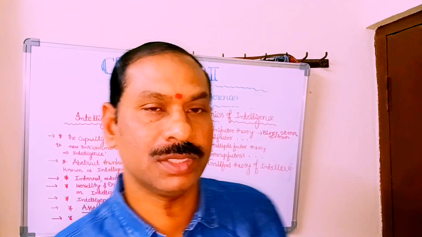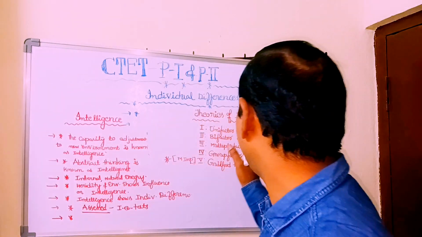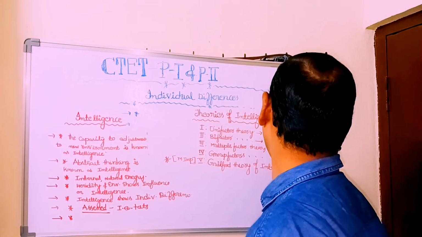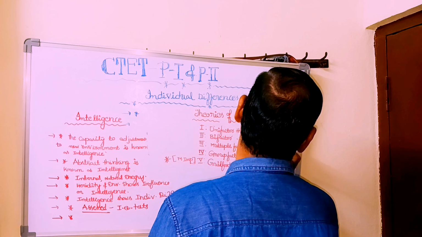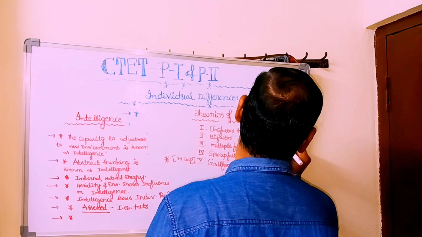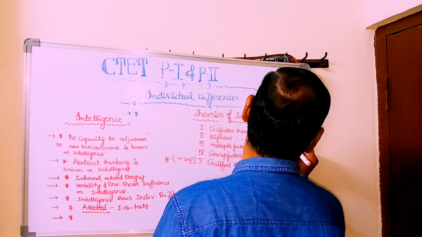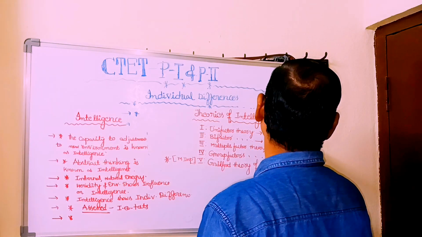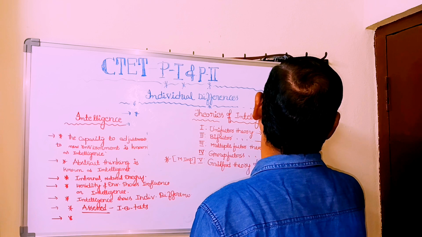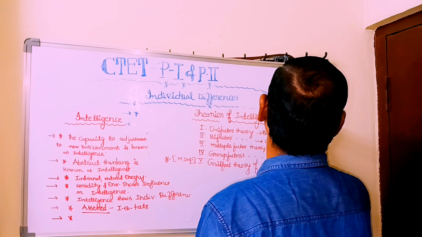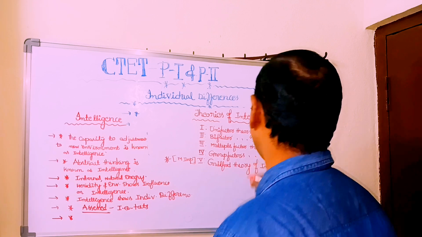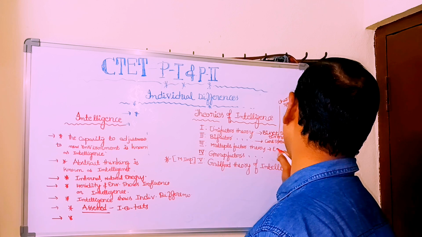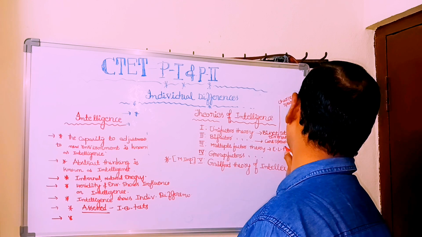And bifactor theory of intelligence was introduced by Carl Spearman, also known as Charles Spearman. And multifactor theory was introduced by E.L. Thorndike.